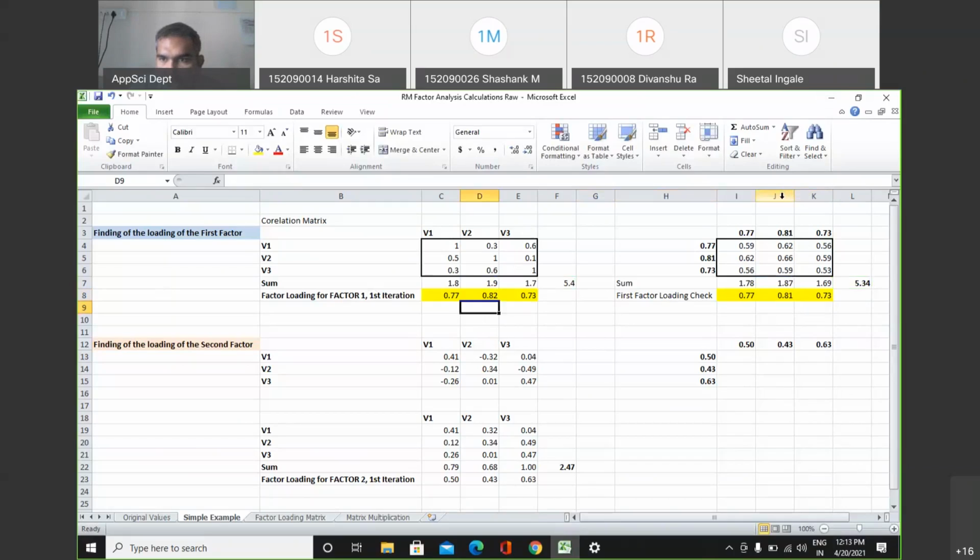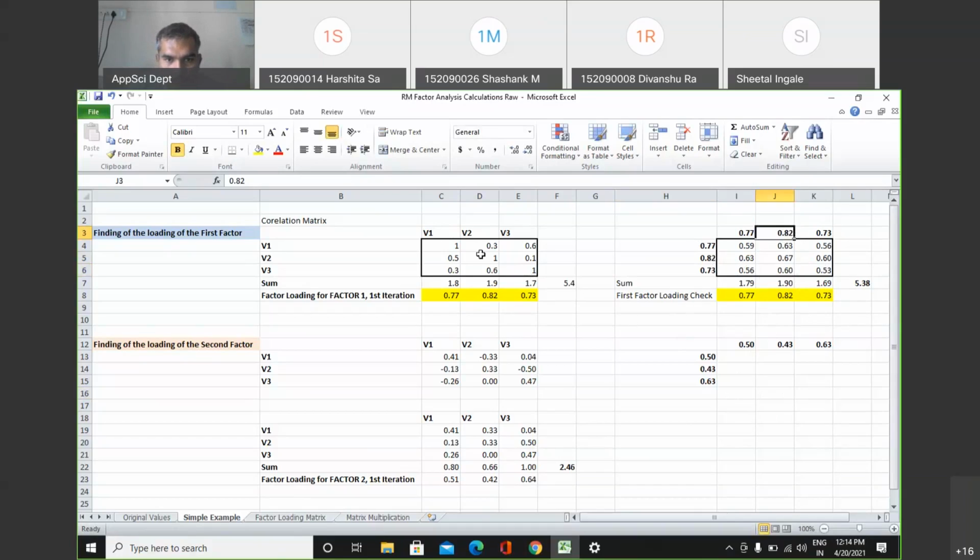Yeah, it is this value only. Due to some rounding off, it has become 0.81. It is 0.82, right? Maybe while copying and reducing the decimal places, it became 0.81. Yes. Now it perfectly matches. So similarly, we are repeating the process.